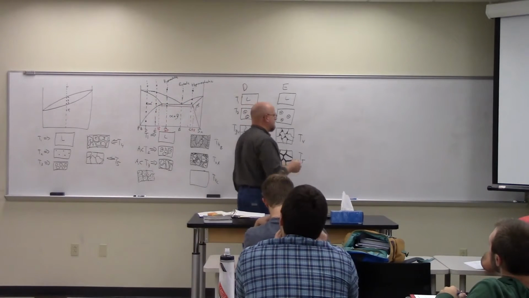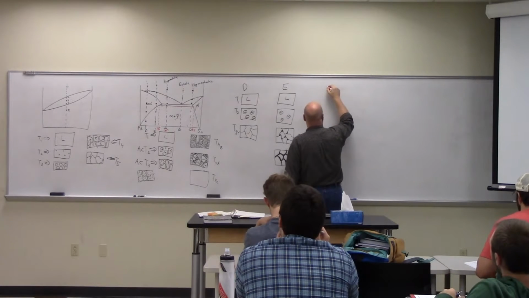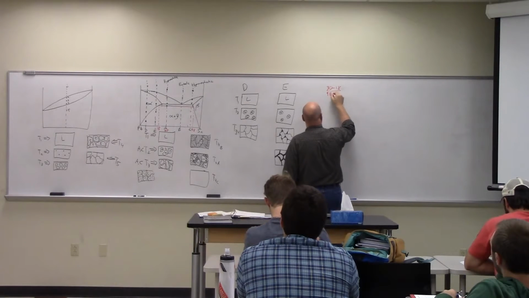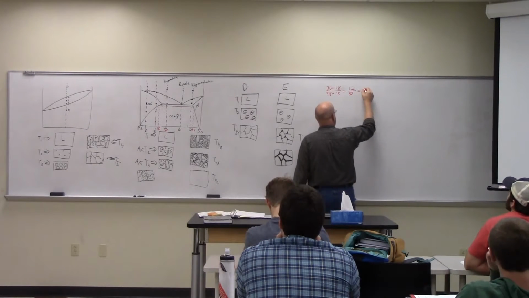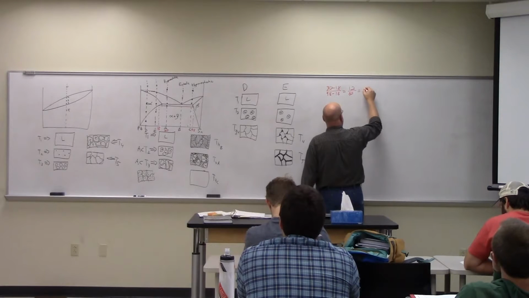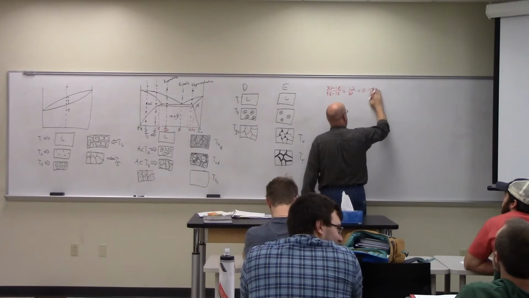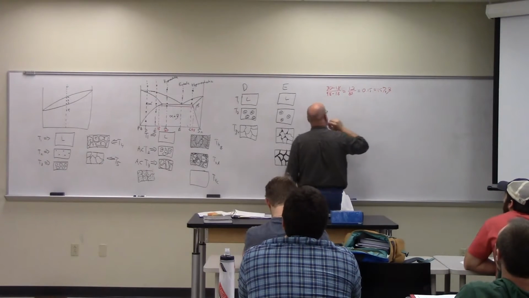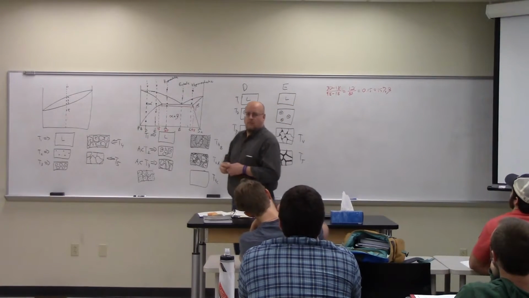So it would be 30 minus 18 over, is it 98 minus 18? Right? So that would be 12 over 80. That'd be the amount of beta, right? So 0.15 equals 15% beta, right? Does that make sense to everybody? So it's 15% 98 beta.